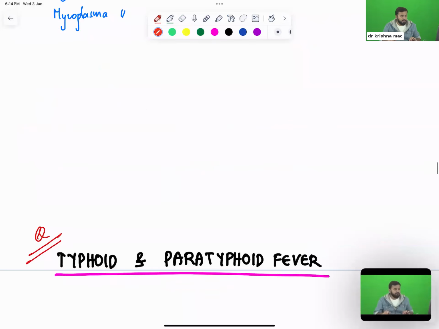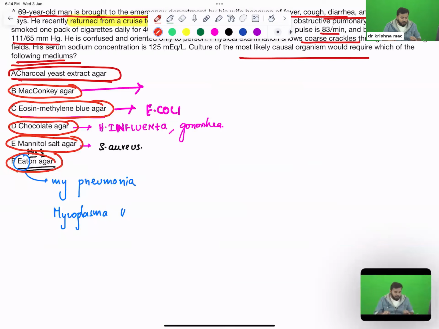These are not new things. We have already discussed them in the staining techniques and the culture methods. MacConkey agar, why do we use MacConkey agar? Any idea, anyone? I told you that in MacConkey agar we differentiate between lactose fermenters and non-lactose fermenters.